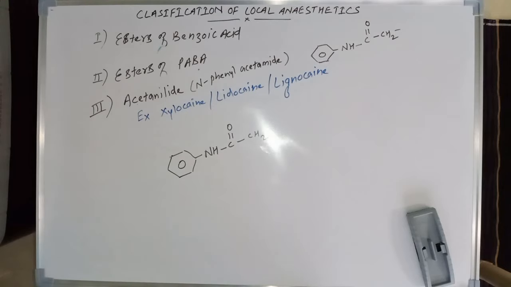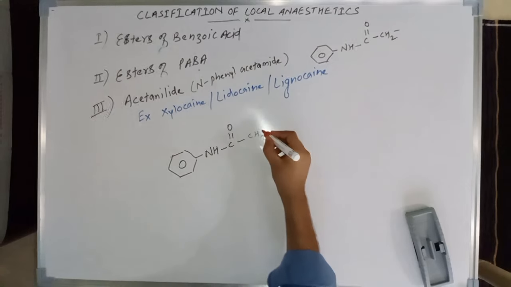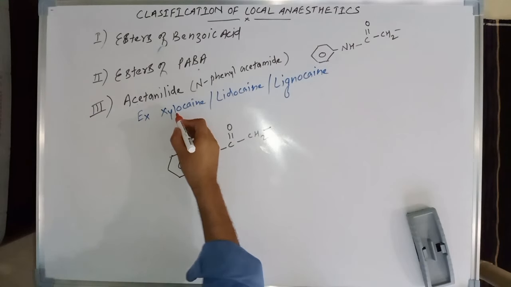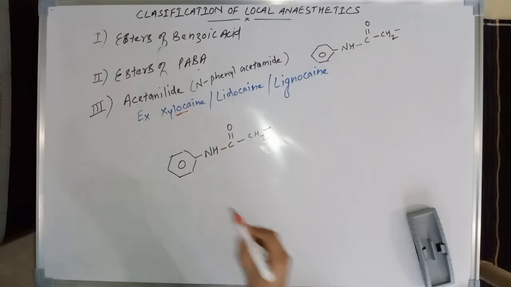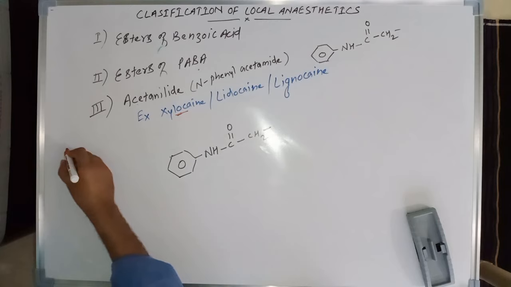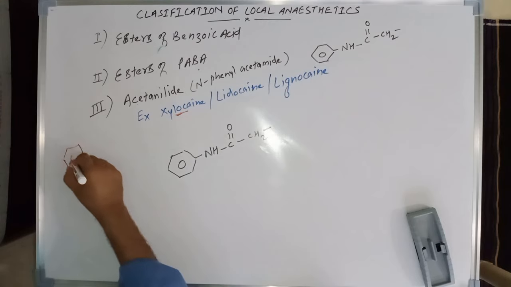This is your acetanilide, N-phenyl acetanilide. Now what is present over here? As mentioned in the name, xylocaine has a xylene ring, and the xylene ring is this structure.